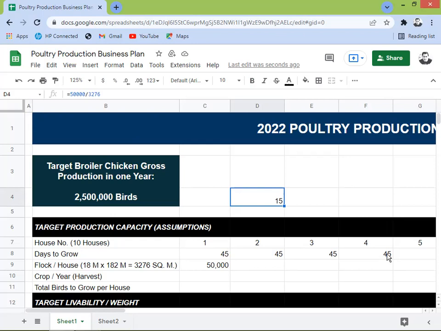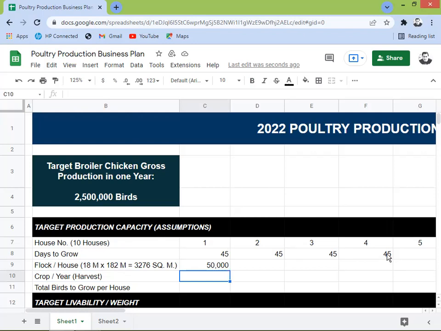So you can grow 15 broiler chickens per square meter, and that's why we're having 50,000. I'm not going to the right yet; I'm going all the way down.